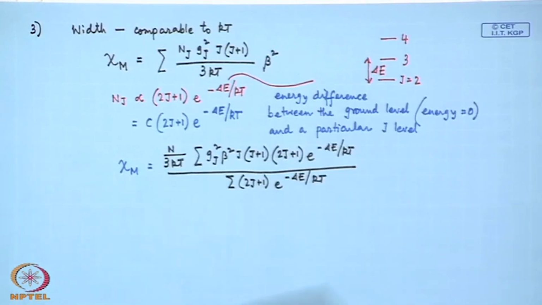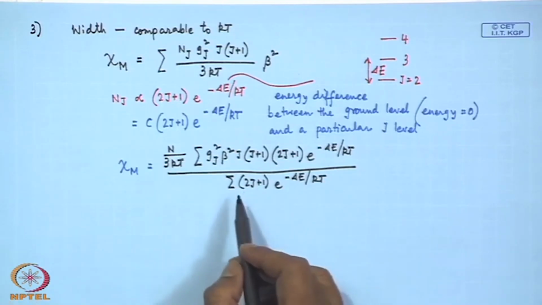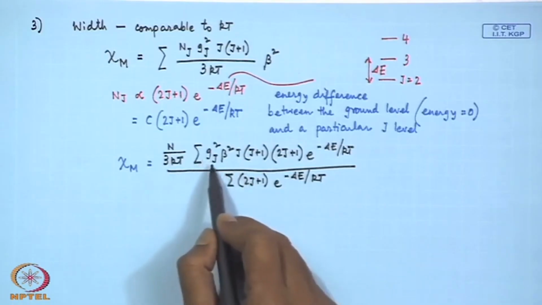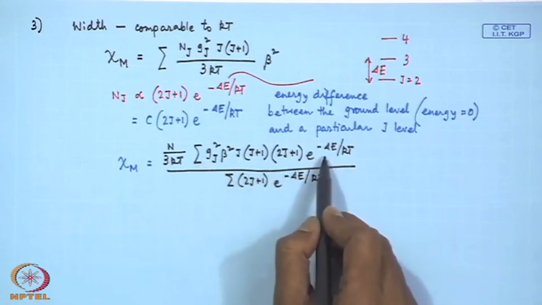So what we get now is that the molar susceptibility can have all these terms, that means it can have the values of this J, the g_J values and the corresponding energy term.